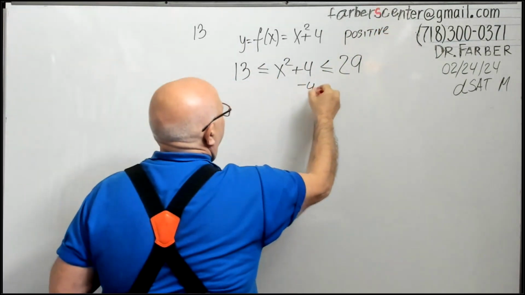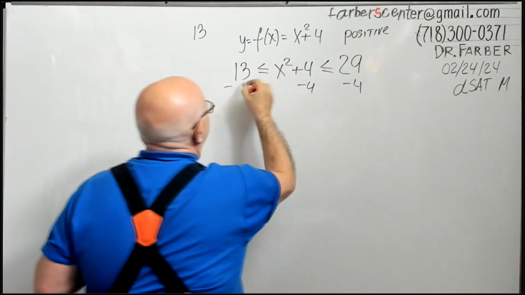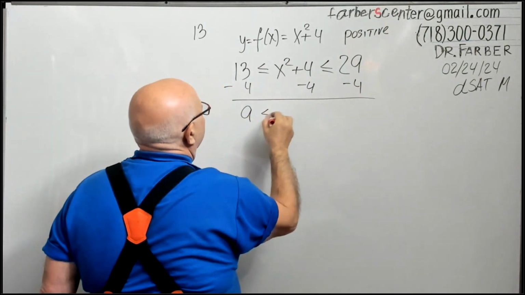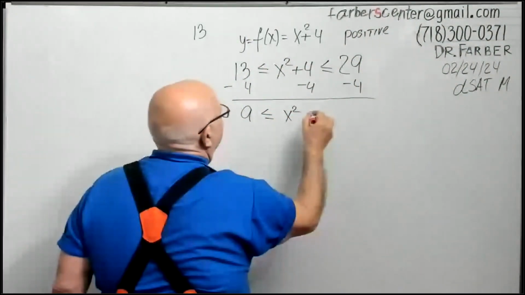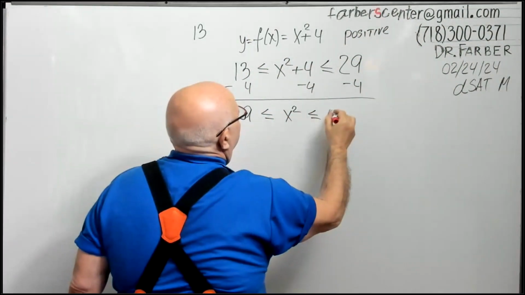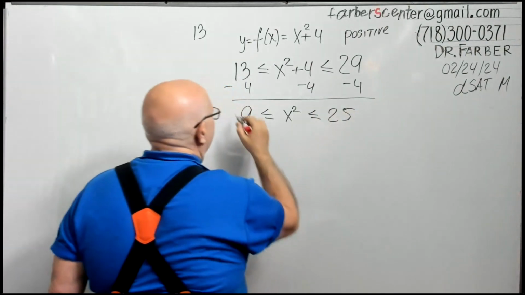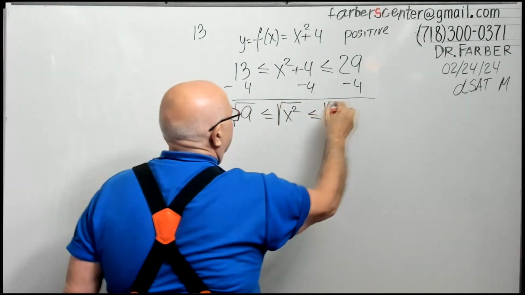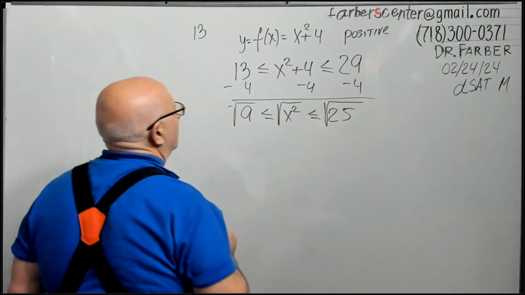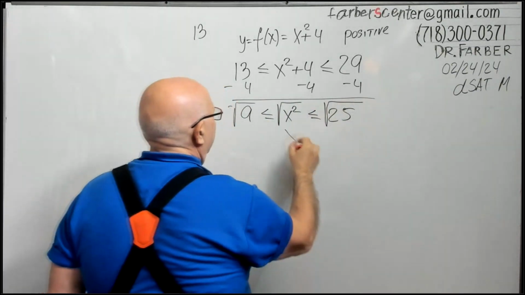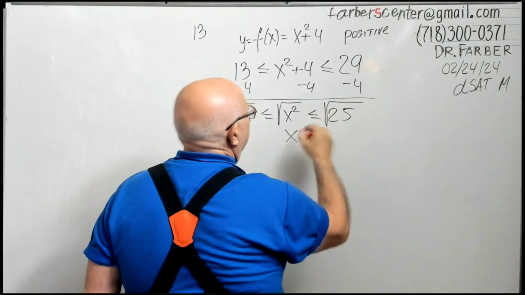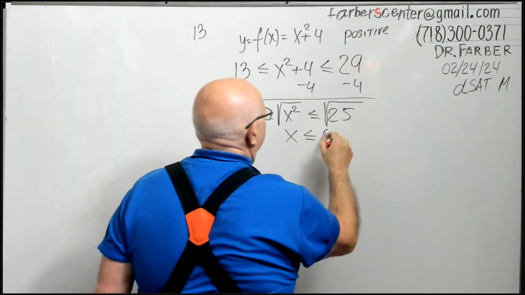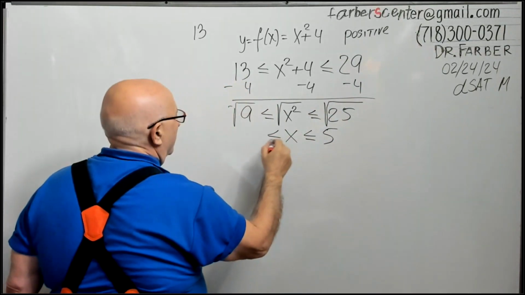So subtract 4 everywhere: 9 less than or equal to x squared less than or equal to 25. Take the square root of all sides. And you get, I will not use plus minus because it's positive, x less than or equal to 5. See?